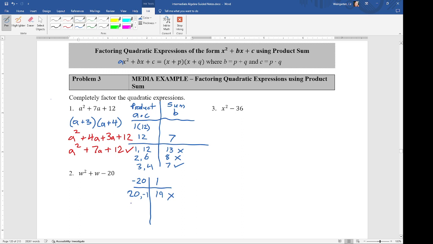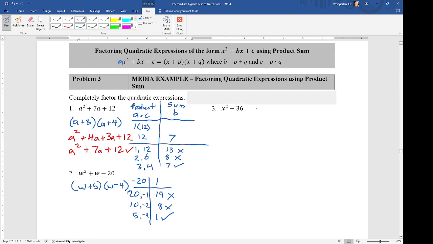Let's try 10 and negative 2. 10 plus negative 2 gives us 8, which is still too big. How about 5 and negative 4? 5 plus negative 4 is 1, which is exactly what we're looking for. So our solution is going to be w plus 5 times w plus a negative 4, or minus 4.